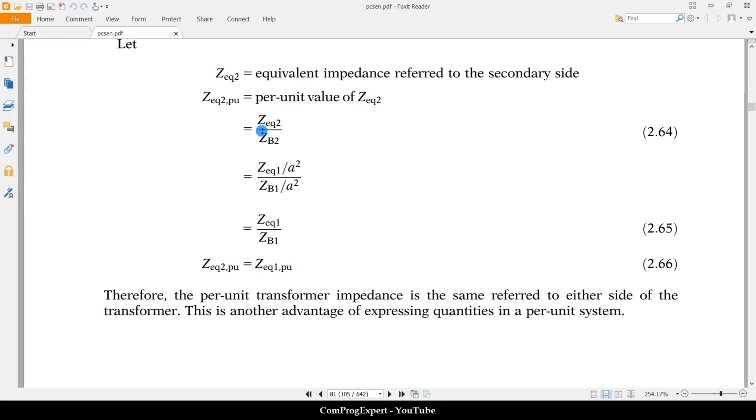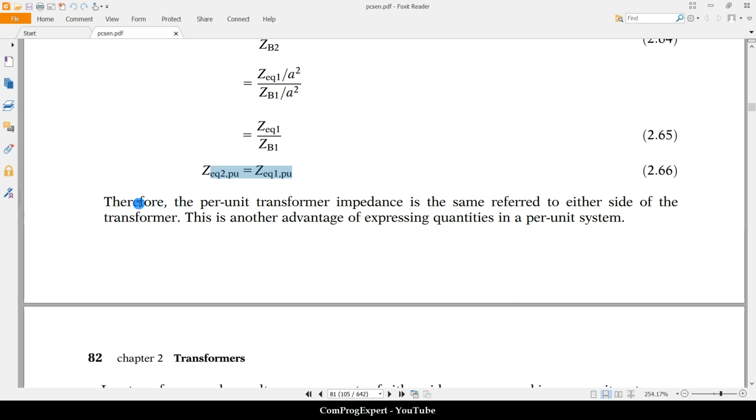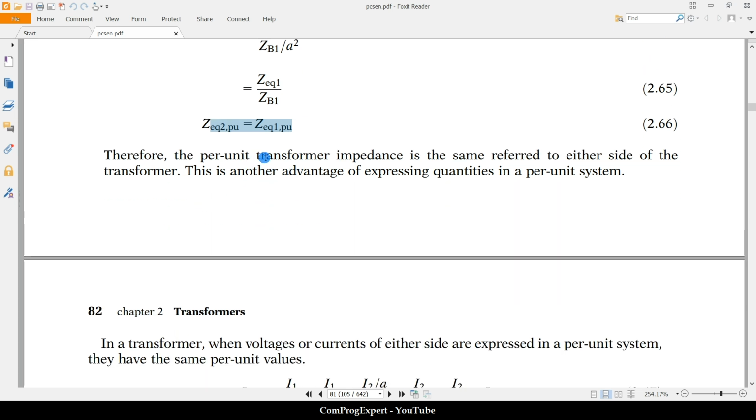If you transfer this quantity to the secondary, and also we have this relation between the Z base 1 and Z base 2. Finally, we will have this. Therefore, the per unit transformer impedance is the same referred to either side of the transformer. This is another advantage of expressing quantities in a per unit system.